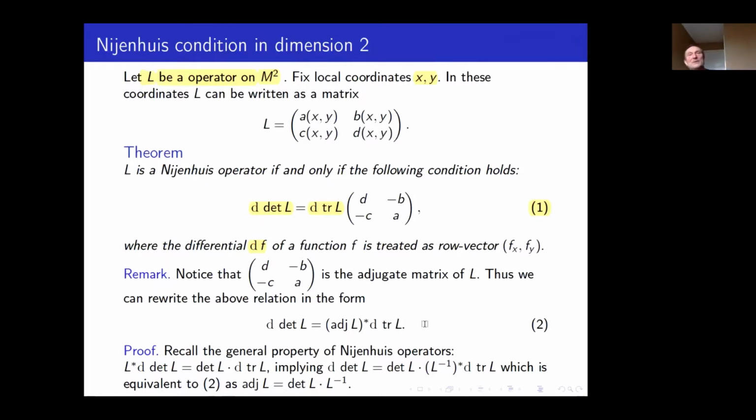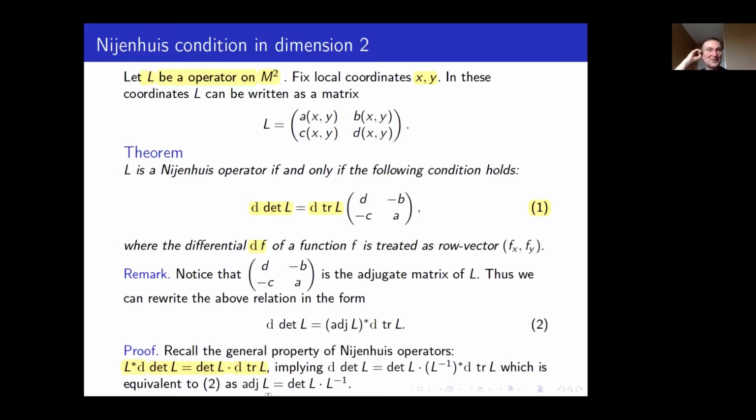You remember in my lecture 2, when we discussed the elementary properties of Nijenhuis operators, we proved this result, which shows how the differentials of determinant and trace are related to each other.